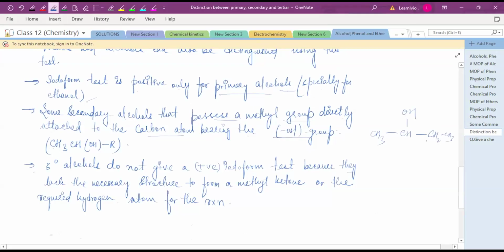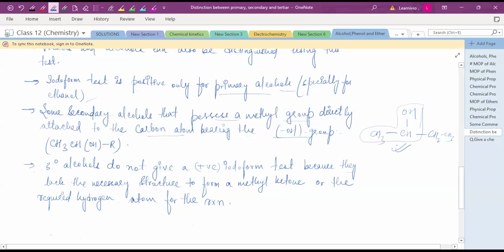Yes, it will give. This is a secondary alcohol. If OH is attached to a CH group and this CH is attached to a CH3 group, then only the secondary alcohol will give this iodoform test.